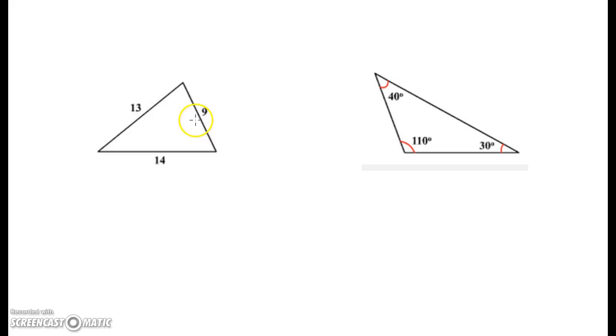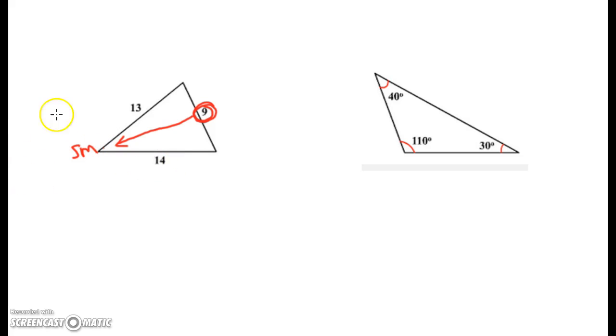So based on this triangle right here, we can put the angles in order from smallest to largest because we know the sides. If we know that 9 is the smallest side of this triangle, I can tell you with certainty that this is the smallest angle of the triangle.